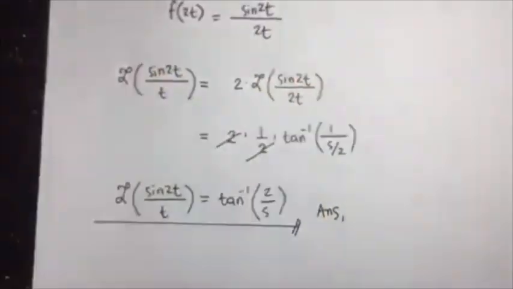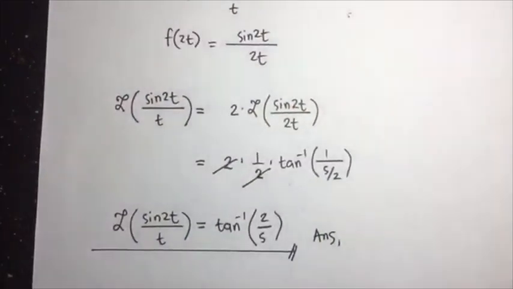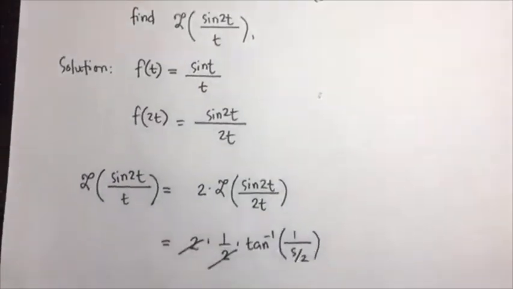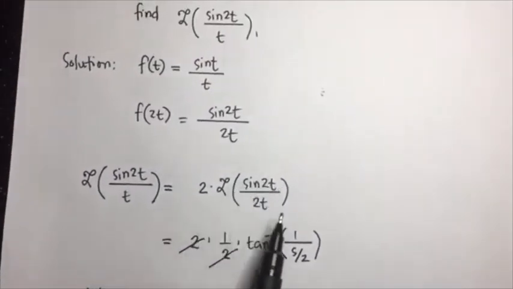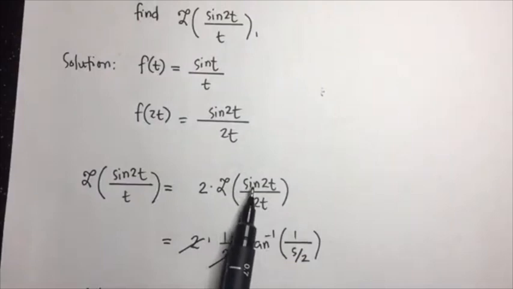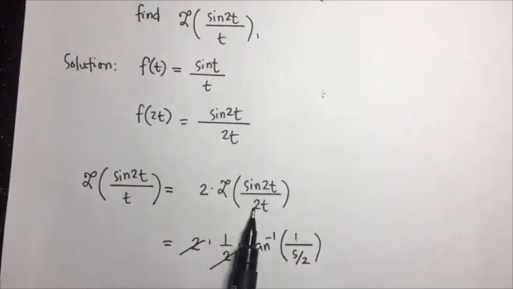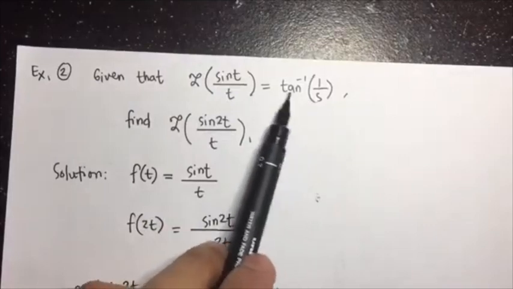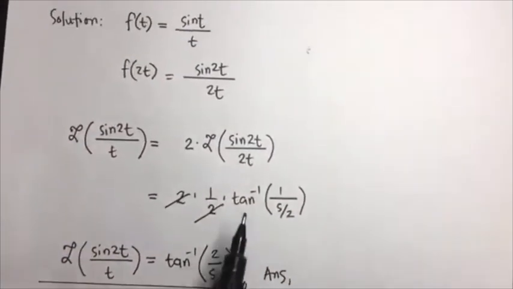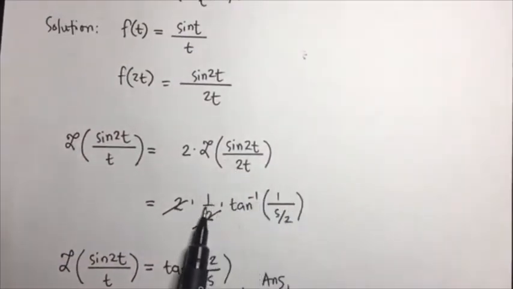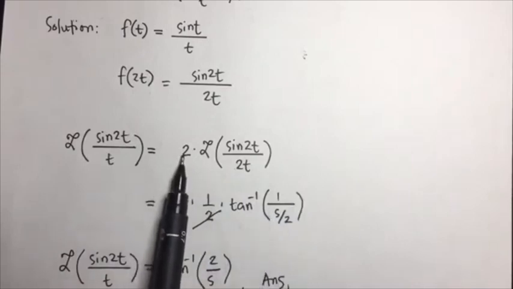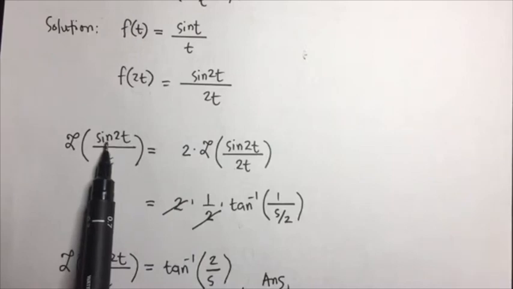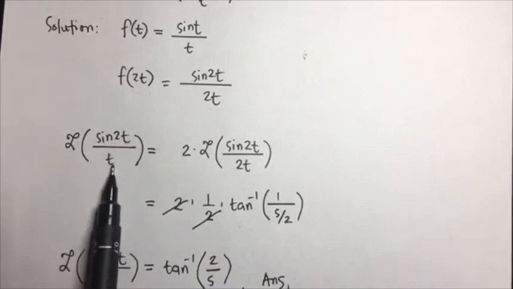So what we did here is apply the change of scale property to sine 2t over 2t, because our given was sine t over t and its Laplace transform. The 2 there is so that we can get the Laplace transform of sine 2t over t only.